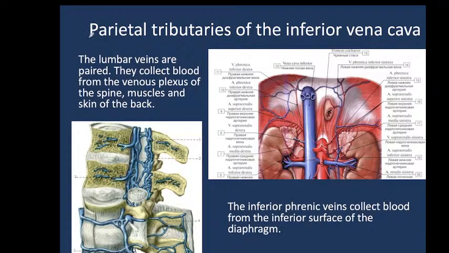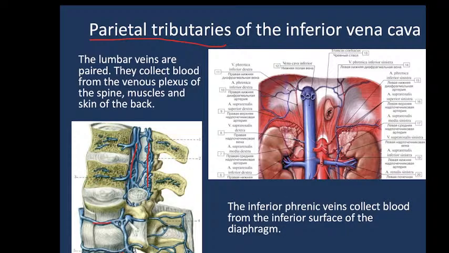Firstly, I'd like to give a characteristic of the parietal tributaries of the inferior vena cava. These are the lumbar veins. You see such veins coming from the vertebral column, from the venous network around the spinal cord.